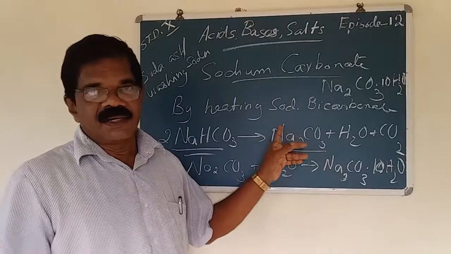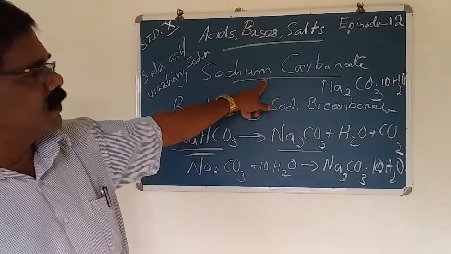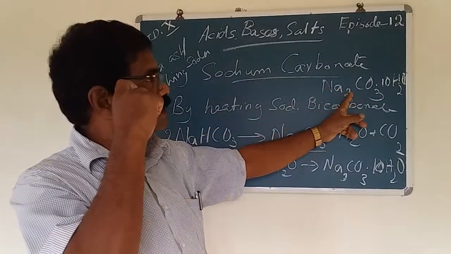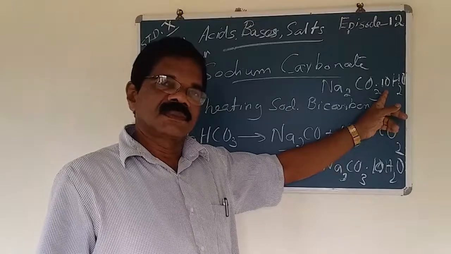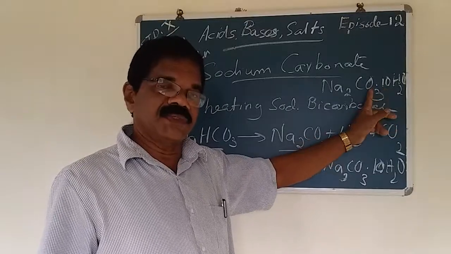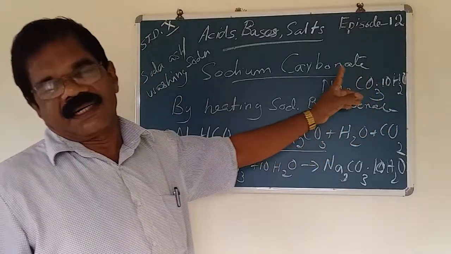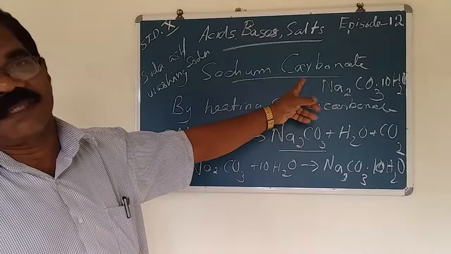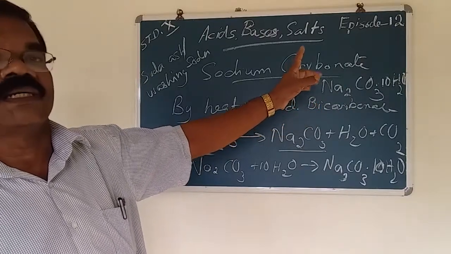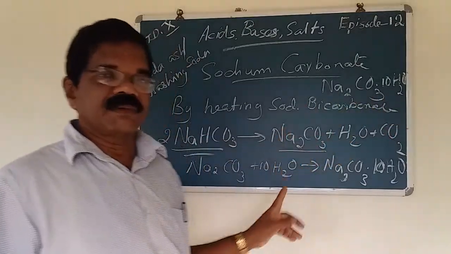So we have discussed sodium carbonate. The molecular formula of sodium carbonate is Na2CO3.10H2O. That is, when it is used for washing purposes, as washing soda or soda ash, its formula is Na2CO3.10H2O. How is it prepared?